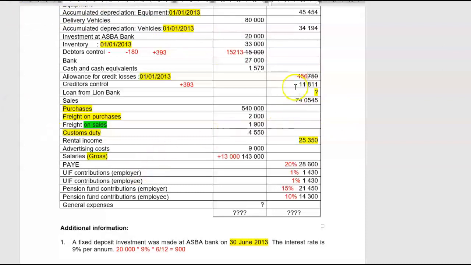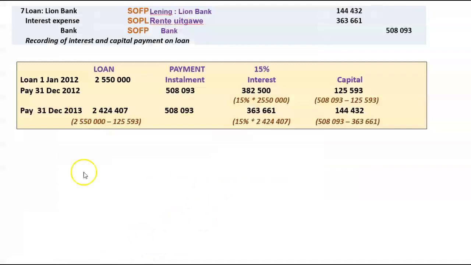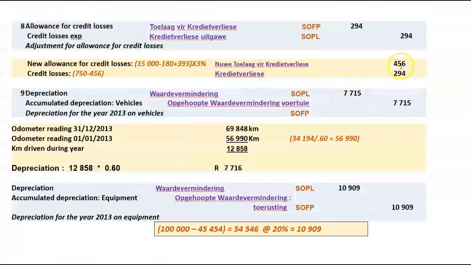So what kind of balance was this? Here I showed you on the trial balance it was a credit balance. How am I going to reduce a credit balance? I'm going to debit that account. So I will debit that account with the difference between 750 and 456, and I will credit an income statement account, either credit losses or credit losses adjustment account, with that amount.